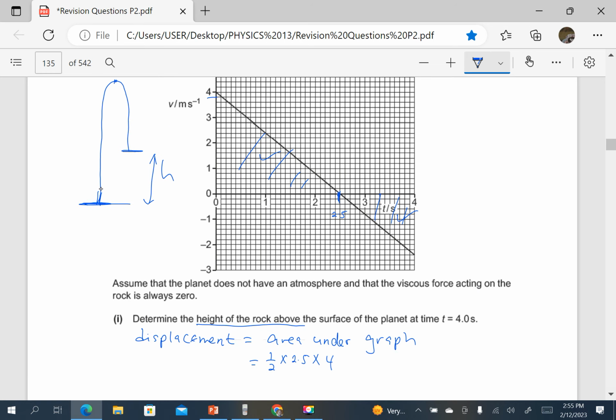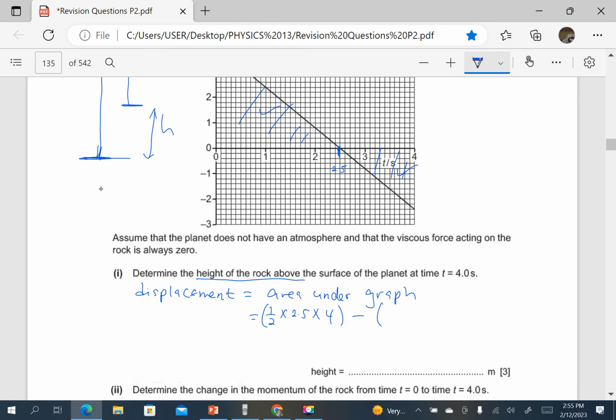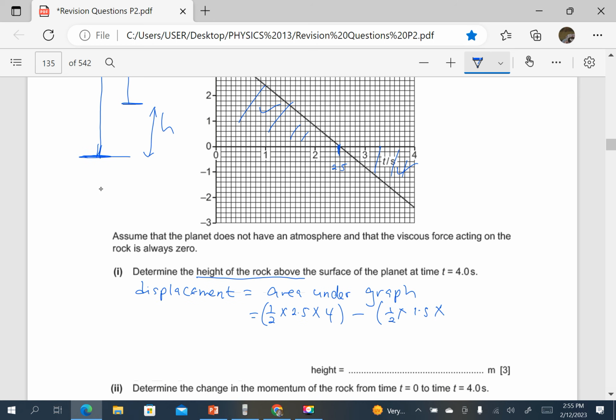That is the distance when it is going up, minus the distance when it is coming down, which is also a half times the base, 4 minus 2.5, which is 1.5, times the height, which is 2.4, negative 2.4 where it stops.